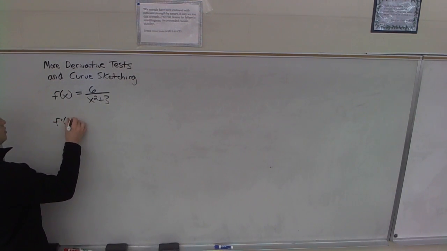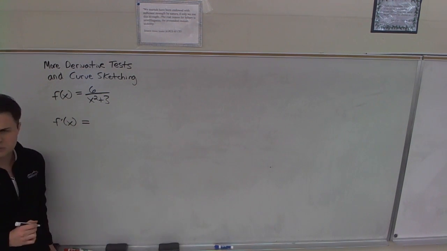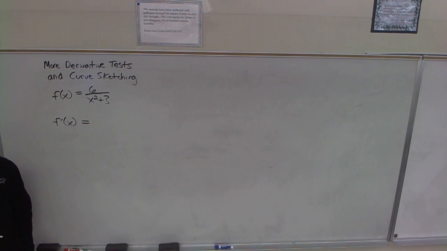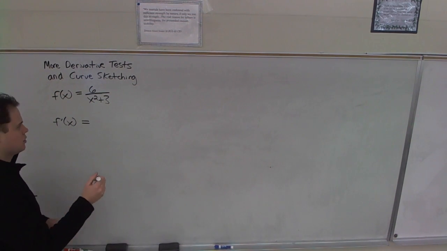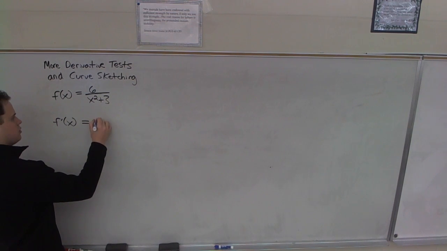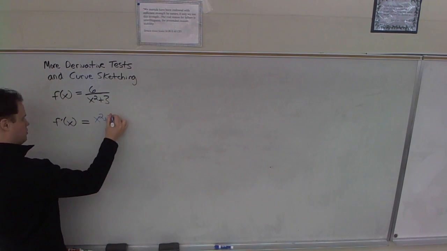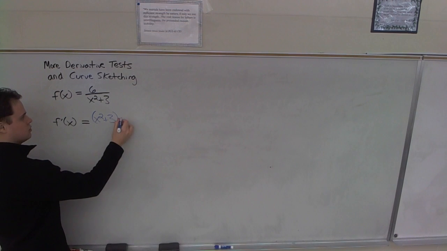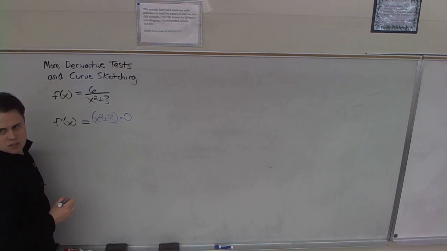I guess it's your choice. What should we do? Quotient rule? Okay. We could use a product rule. I like the quotient rule well enough though. So how's that going to go? Low D high, that's kind of nice, right?